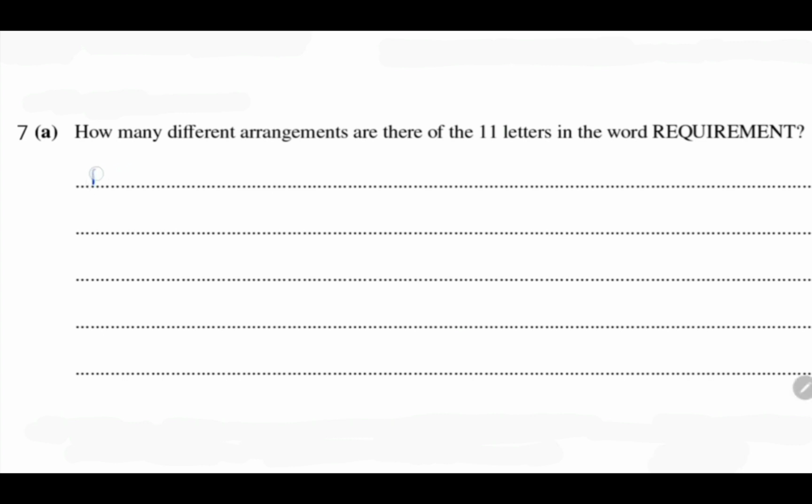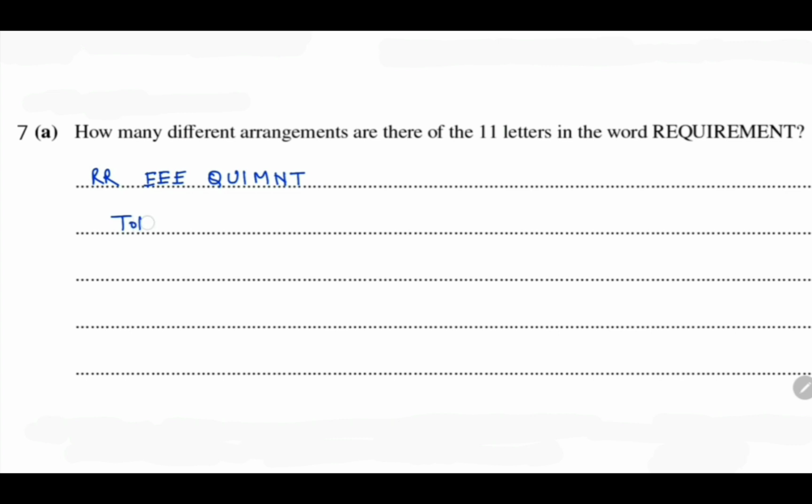So R is repeating 2 times, E 3 times, Q, U, I, M, N, T. So basically 3 plus 3 is 6, 3 more is 9, 2 more is 11. So how many different arrangements are possible?